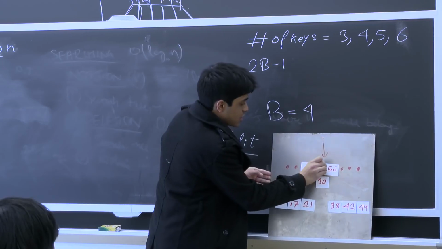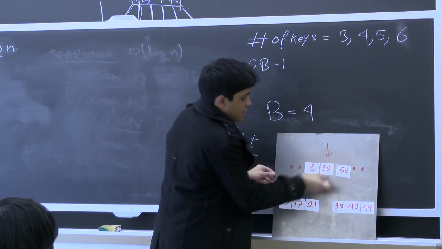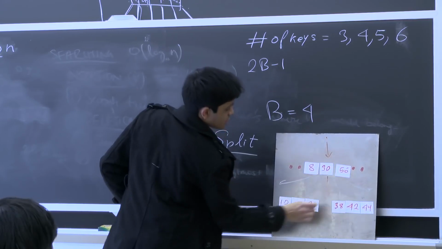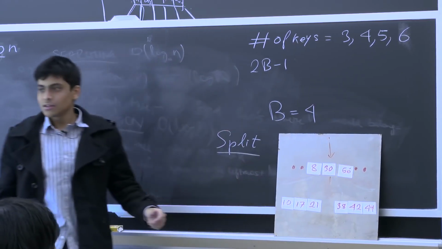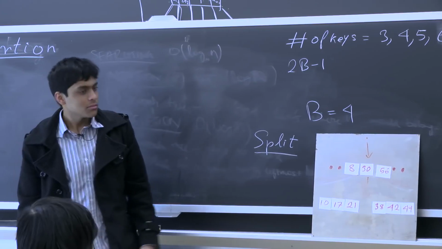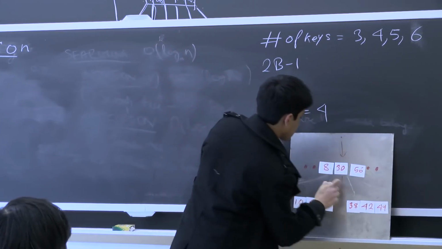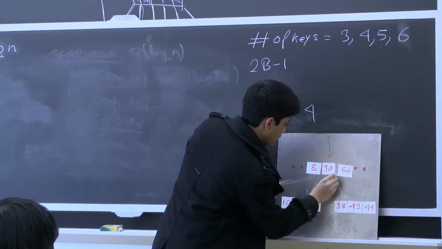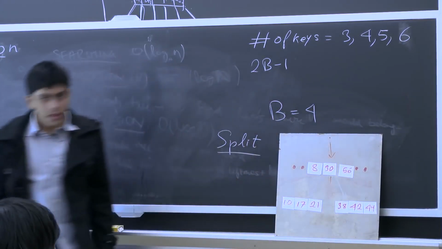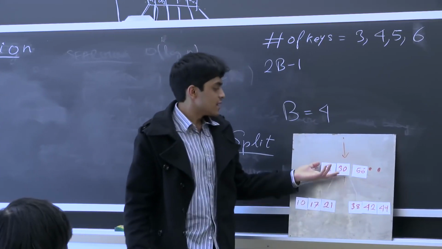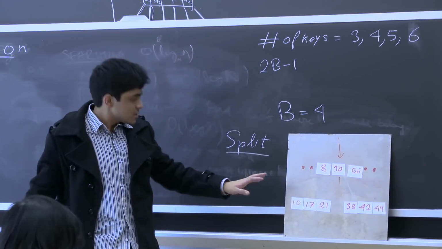You just insert this guy in here, and then you say, oh, this pointer's here, and this pointer's here. Make sense? I'm going to get rid of these 2.